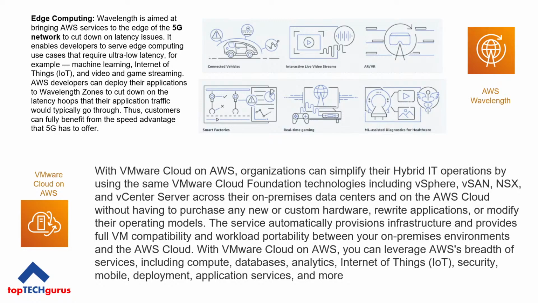Using AWS Wavelength, we built something called Wavelength Zones. Any computing capacity that you keep within your Wavelength Zones can directly connect to the 5G network. It can cut down the latency hops, and the traffic would be much faster, and they'll get a huge speed boost.